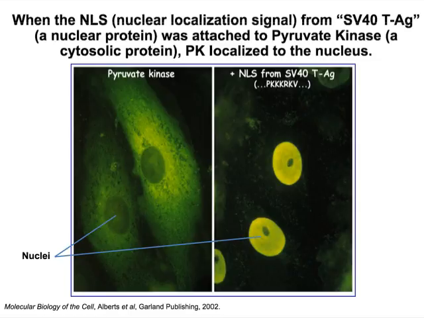But if we attach this piece of protein from a normal nuclear protein, in this case the SV40T antigen, then all of a sudden the pyruvate kinase thinks that it's supposed to be in the nucleus, and it goes to the nucleus and is not found in the cytoplasm. So we think we understand something about this process of how we can tag a protein so that it will go into the nucleus. The thing that then has to recognize that is what we'll talk about next.